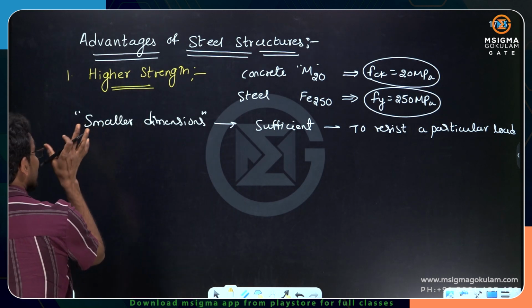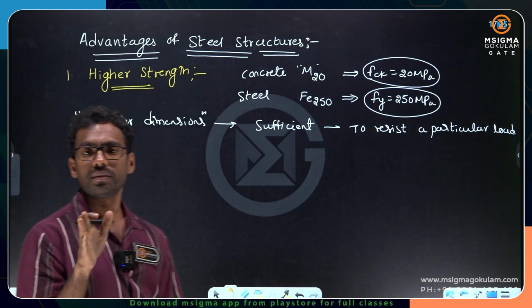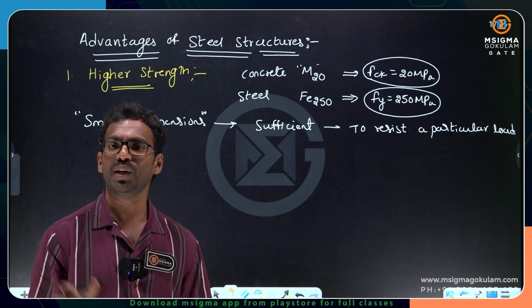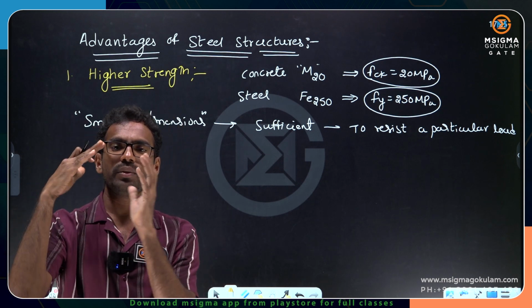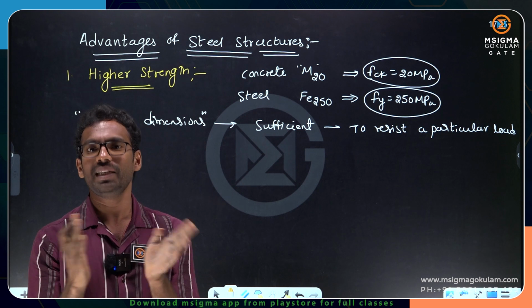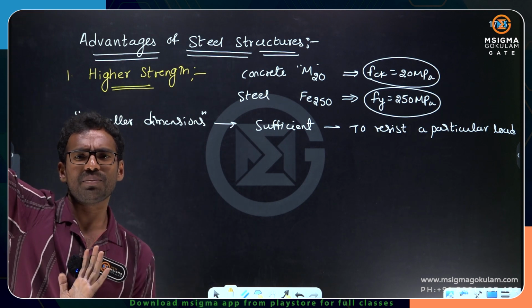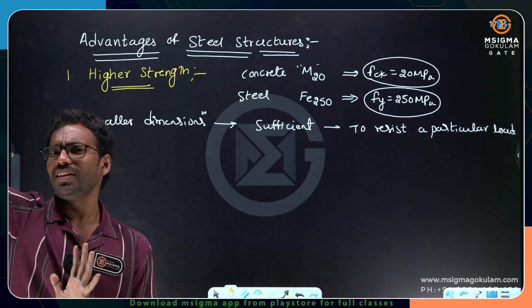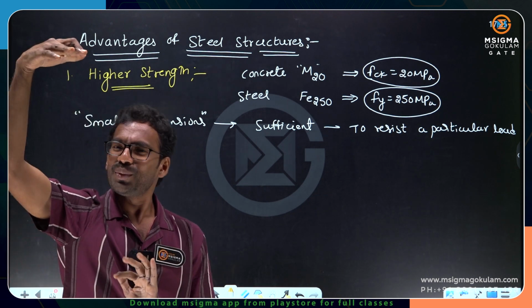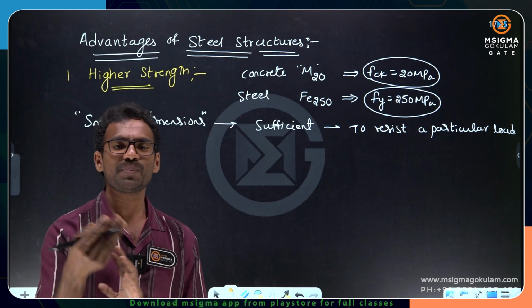That's why the aesthetics of steel is very nice when compared to concrete. So smaller dimensions are going to give good aesthetics. When you enter into a building where you have deeper beams, larger depth beams, you will not feel like going inside. Aesthetics plays a vital role.